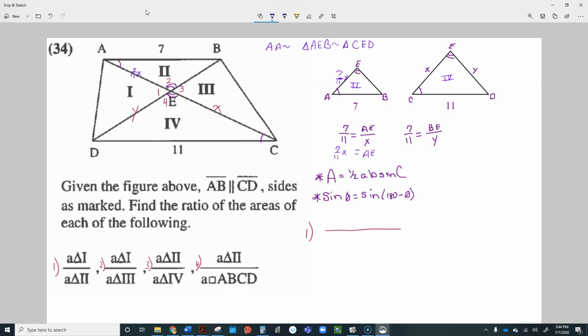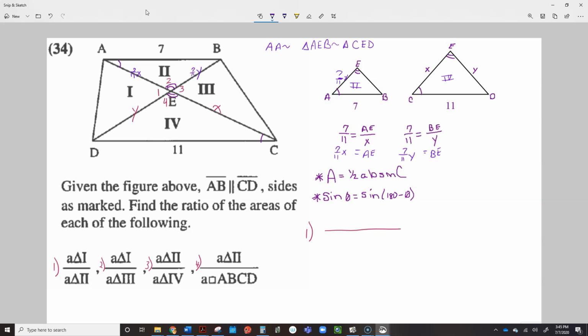So BE over Y, cross multiply, and you find out that BE is equal to 7/11 times Y. So EB right here, this is 7/11 times Y. So I have all of these sides right here labeled, and the reason that all of these sides are important is because I'm going to use this formula right here to find the area of each one of these triangles.